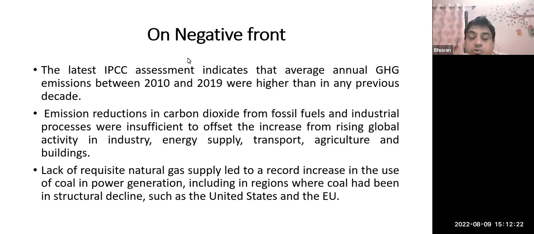This has been reported in Europe, where people are naturally switching over to coal in power generation, because most of the supplies of natural gas derived from Russia have been affected by the war between Russia and Ukraine.